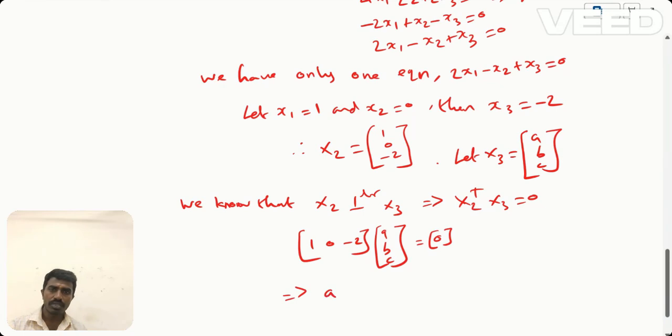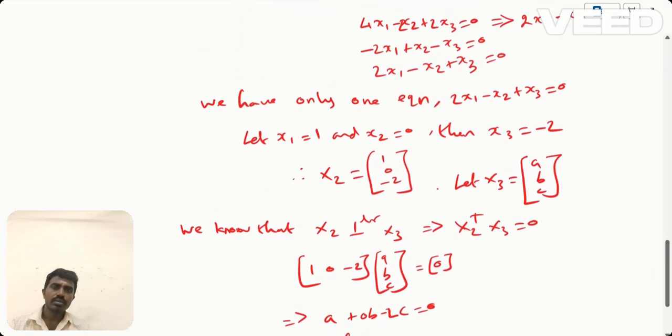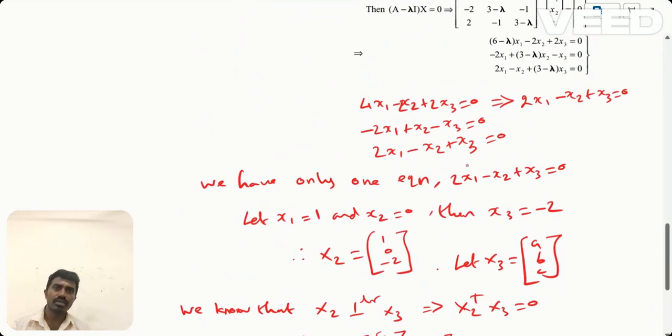So what you may get? A plus 0B minus 2C equal to 0. And also x3 should satisfy this equation, because we are finding the eigenvector for lambda equal to 2 only.